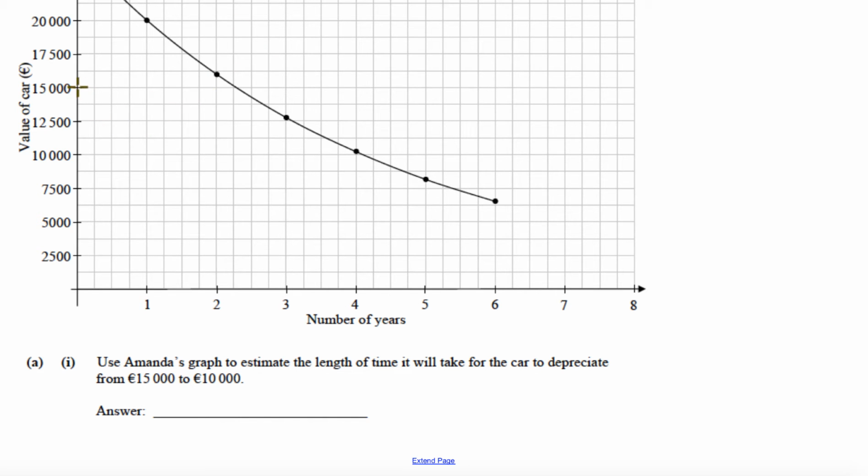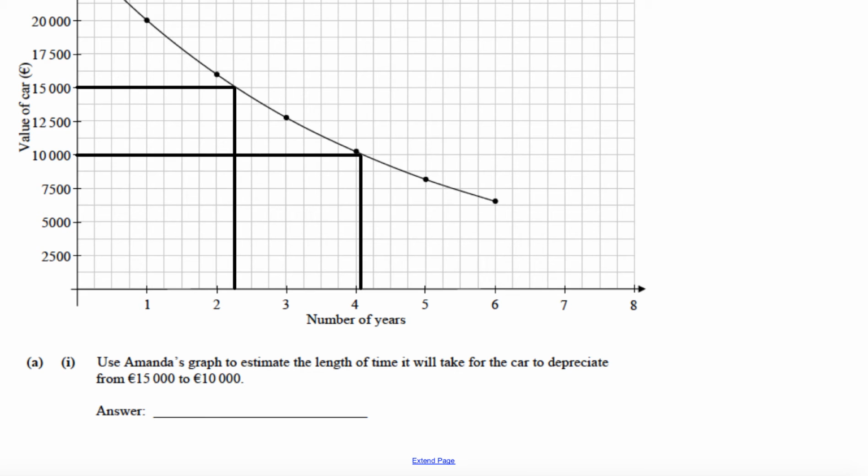So from 15,000, if we bring a line straight across, we hit the graph and then go straight down, we hit the graph again here. And then from 10,000, if we do the same, go across, hit the graph there, and then bring it down, and we hit the graph there.